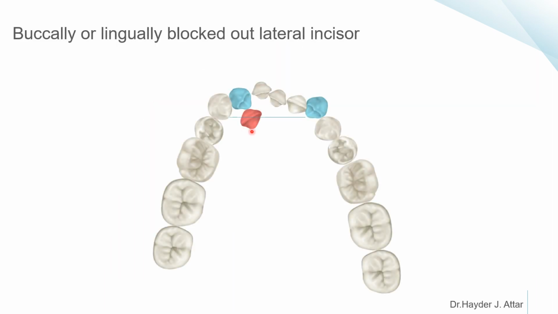So, for extraction of one of the lateral incisors which are blocked out lingually or buccally, the canine should be distally inclined. When the canine is medially inclined, buccally inclined or upright, in this case the extraction of one of the lateral incisors is not advisable.